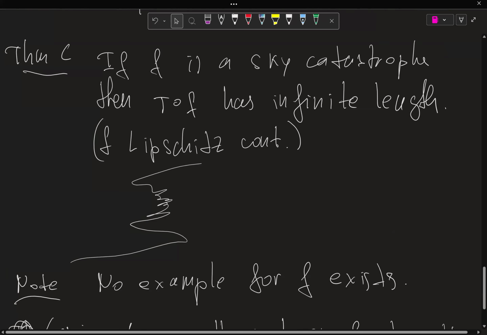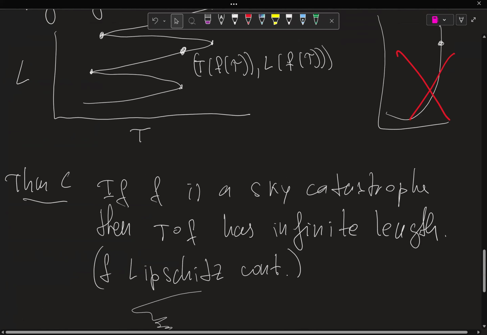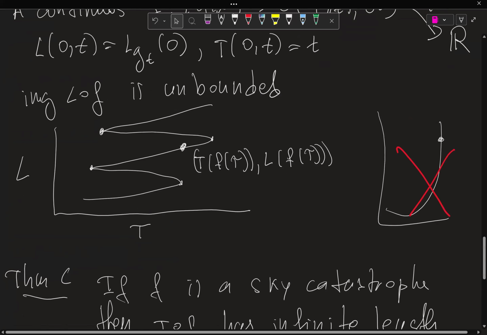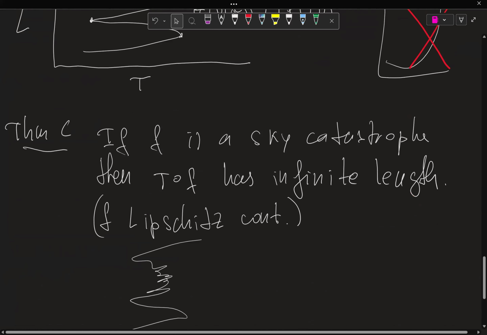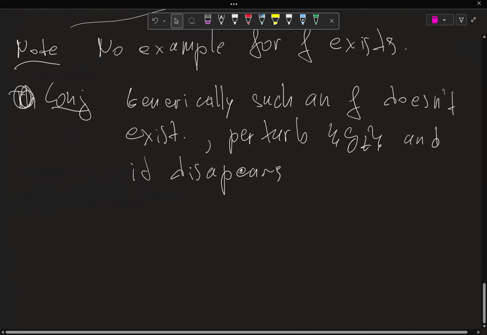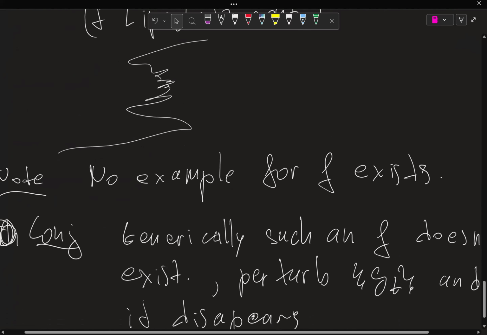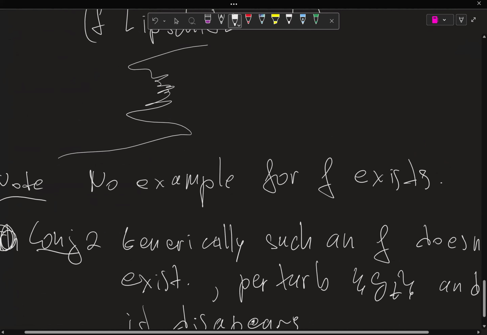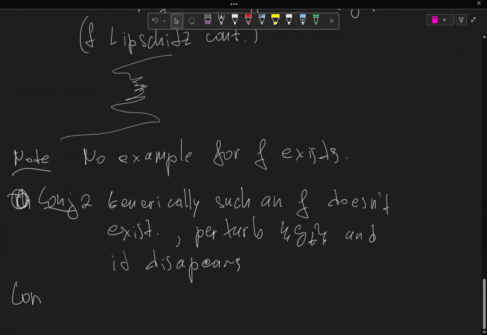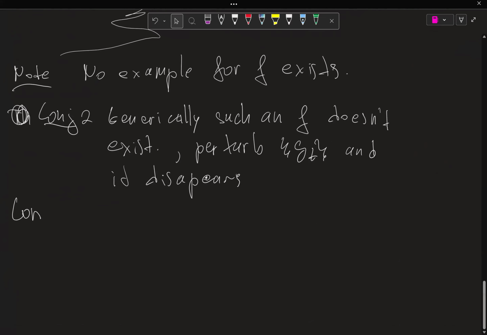Actually, could you say the relation? I don't see in what sense this is implying the previous. Ah, right. Well, it's not obvious. So this is say conjecture two.